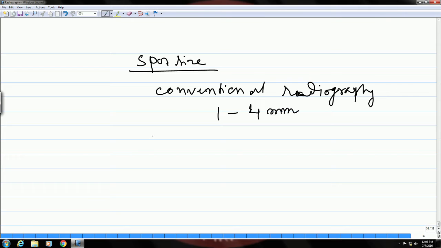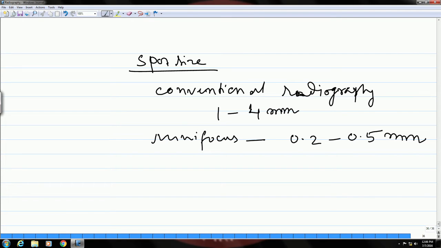And if you want to have a smaller spot size, then you have to go for these mini focus instruments, in which the spot size is in the range of sub-millimeter, from 0.2 to 0.5 millimeter. Okay.